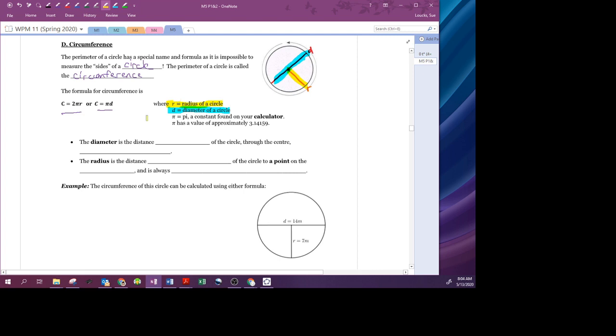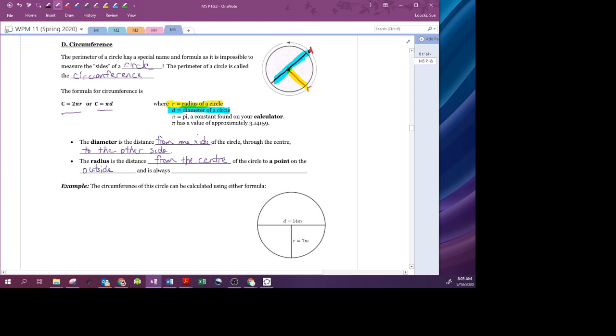All right, just to fill out these notes, this diameter is the distance across from one side of the circle through the center to the other side. Radius is the distance from the center of the circle to a point on the outside.